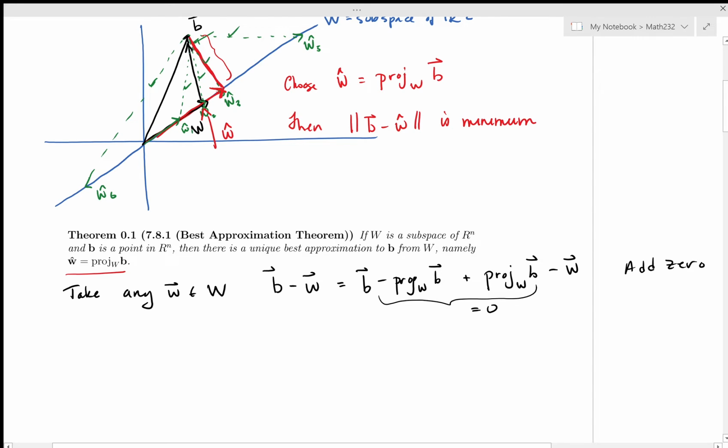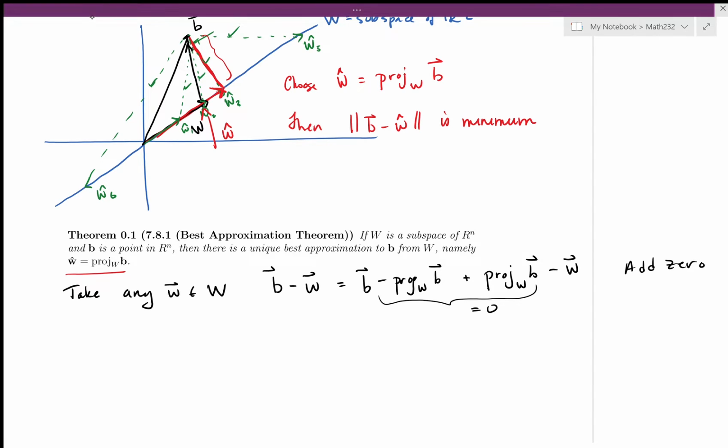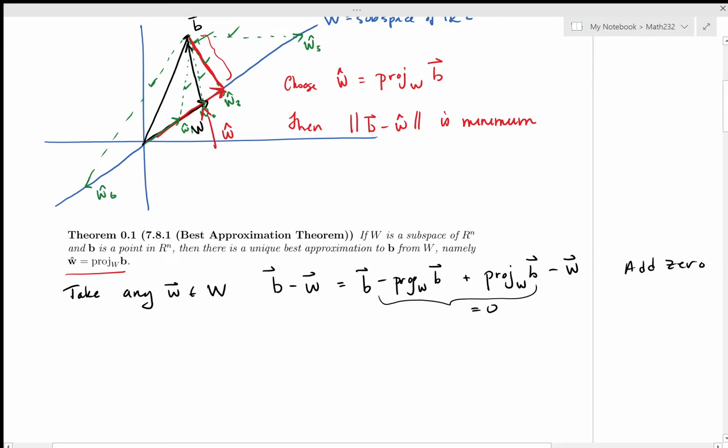The reason to do this is when we look at this version, consider this vector right here. This vector is in the orthogonal complement of W. This vector here is in W. What does that mean? It means that those two blue boxed vectors are at right angles to one another.